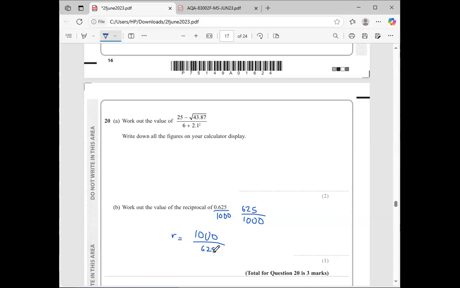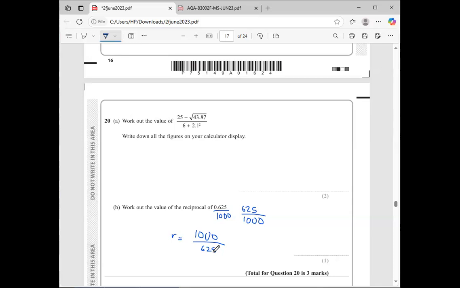Can you do that with your calculator? What did you get? 8 over 5. Can you turn it to a decimal?